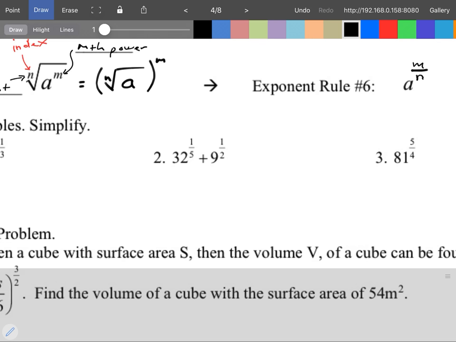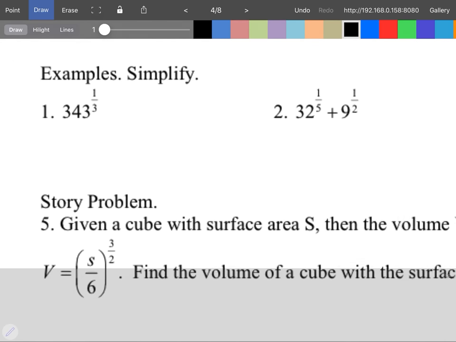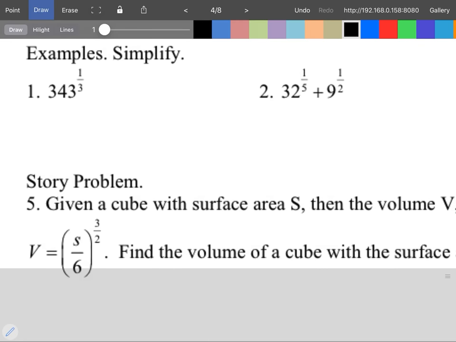So let's try some of these examples so I can show you how this works. So let's look at 1 and 2. All right, so what we want to do, the main focus of this section, the 7-5, is rewriting these. And in this case, we're going to rewrite it from fraction exponent form. We're going to change it from a rational exponent back into radical form.